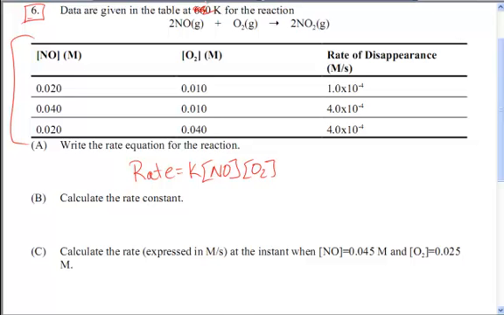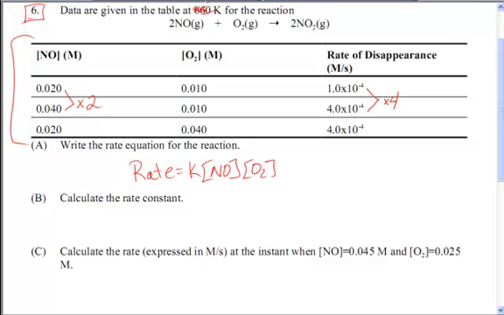So here's what we need to do. We need to determine the effect of one thing on the rate. We look to see where 2 experiments have one of the reactants held constant. Then, now that that one has been removed, we look to see how the other one changed. When we doubled the concentration of the NO, we look to the rate, and we notice that the rate went up by a factor of 4.